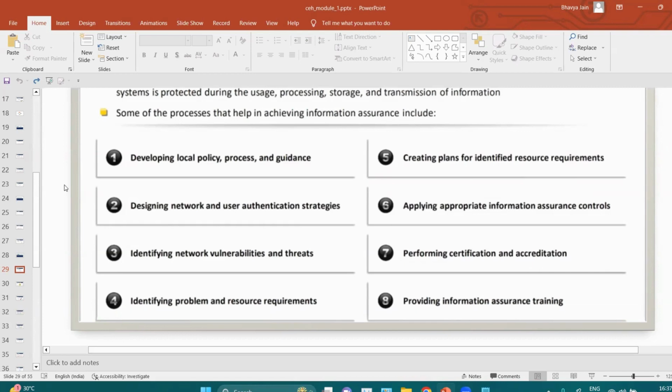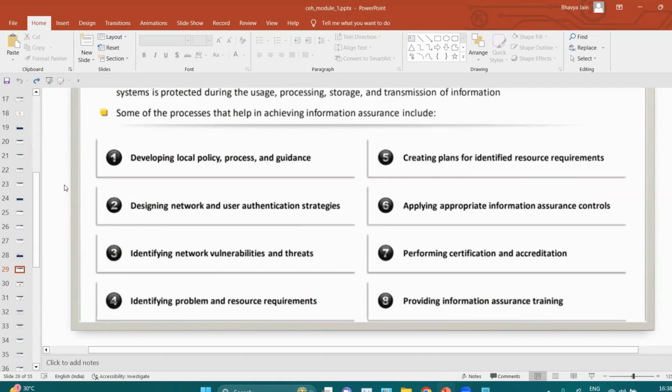Okay, and then we identify the network vulnerabilities and threats, which is we keep on monitoring, we keep on logging, we keep on applying the assessment so that we can find the network vulnerabilities and threats. So that we can fix or patch the network vulnerabilities on time and we can avoid future attacks. Then identifying the problems and resources requirement, which is if there's a vulnerability, then we can identify how we can solve it and what are the resources we need to solve them.